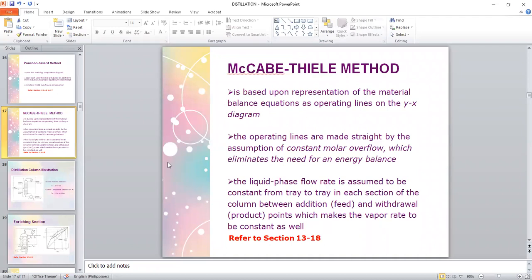We will be producing the curve of the x-y relationship, the mole fraction of, let's say, benzene in the liquid phase, plotted against the mole fraction of benzene in the gas phase, which is your y. If you plot that, it will produce a curve. That curve, the equilibrium curve, is the y-x diagram being referred to here.